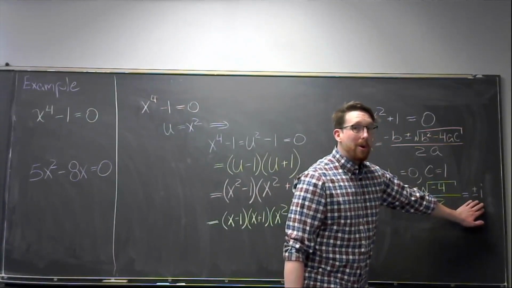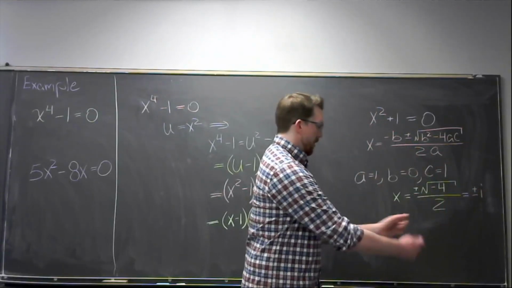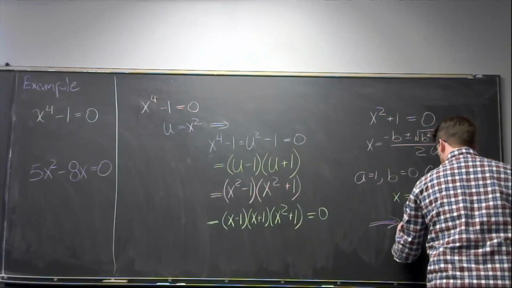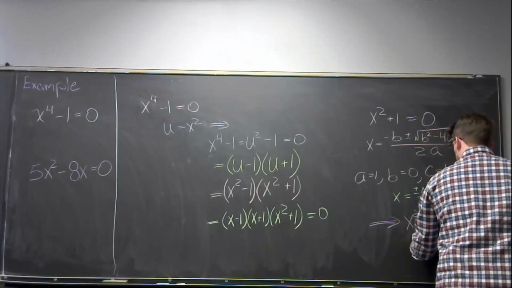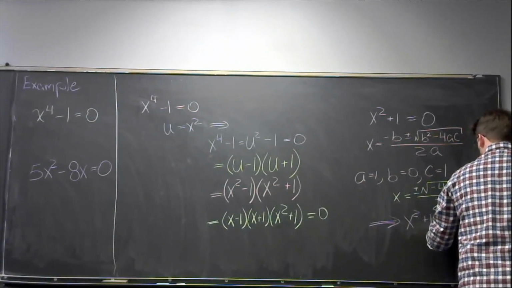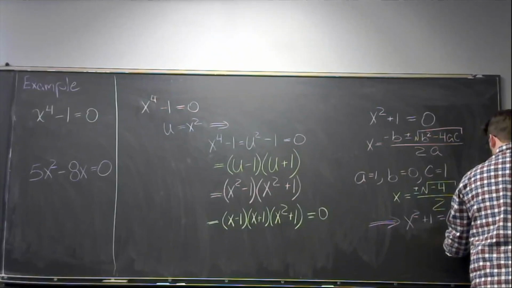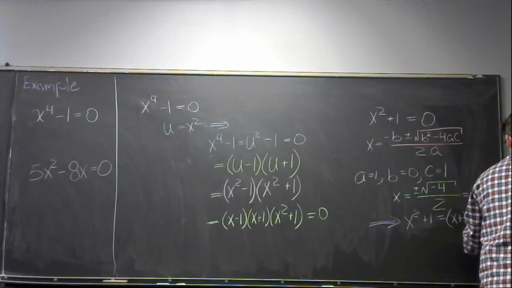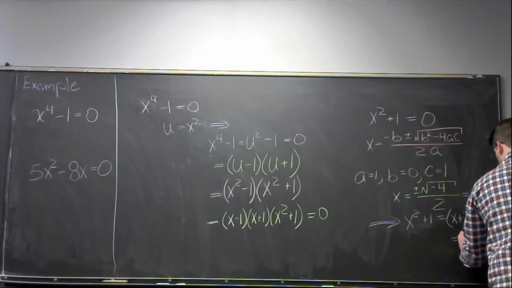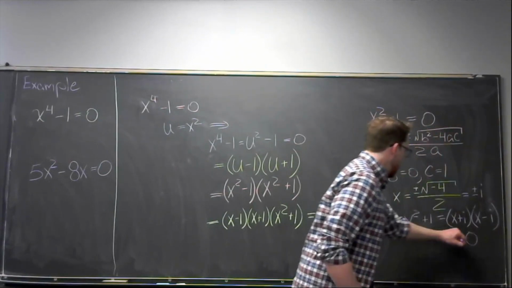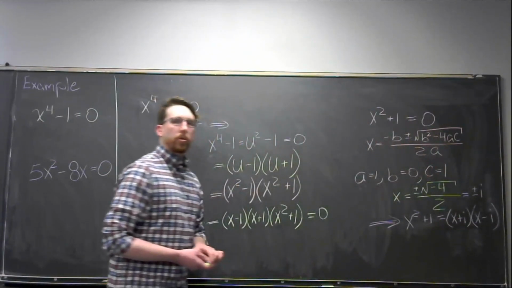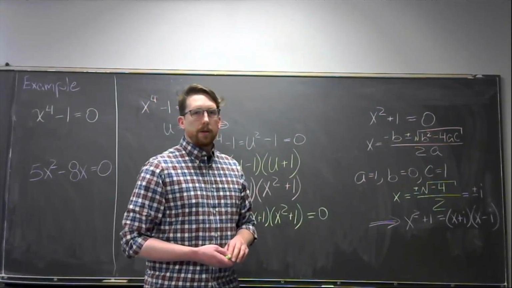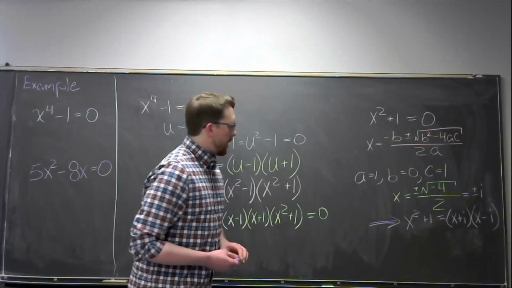We can rewrite our polynomial now, this part of it, as all of this tells us then that x squared plus 1 is equal to x plus i times x minus i. This is equal to 0. Now, I'm just going to rewrite it like that. How did I get that? I'll explain that in just a second.